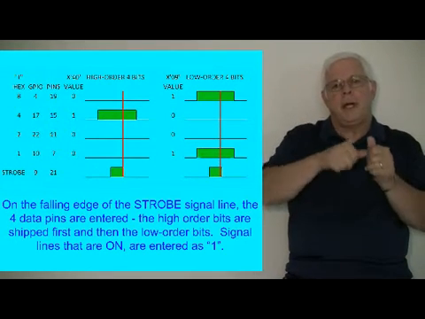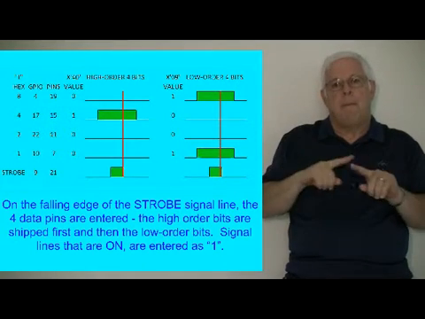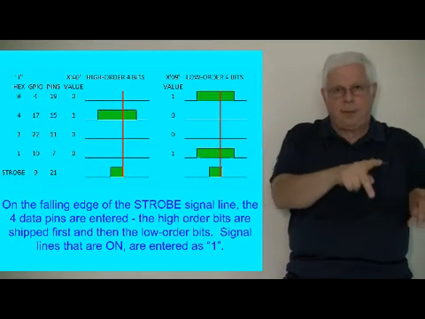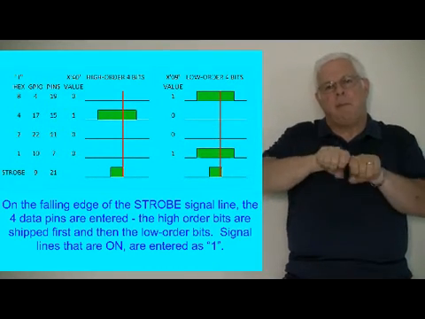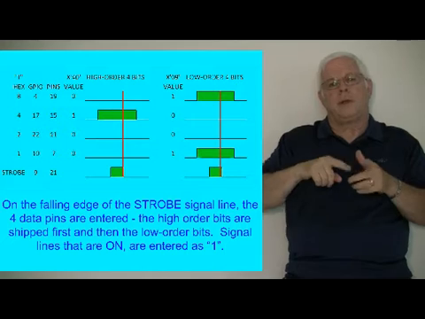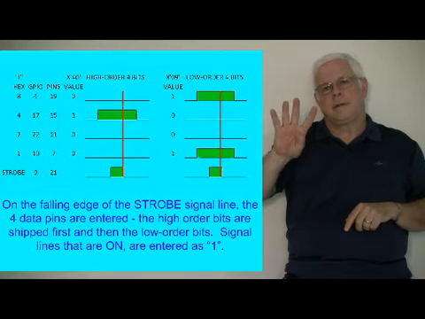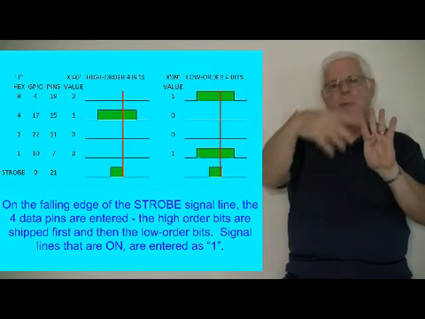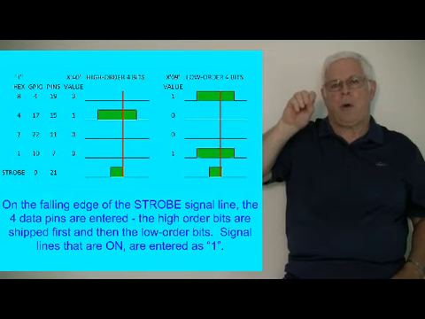In the computer, each character is 8 bits wide, but we only have a 4-bit path to the LCD. And so we need to break our character into 2 groups of 4. And then we're going to send 4 bits and then another 4 bits. So to start with, we take the first 4 bits and we copy those and put them on the 4 GPIO pins.